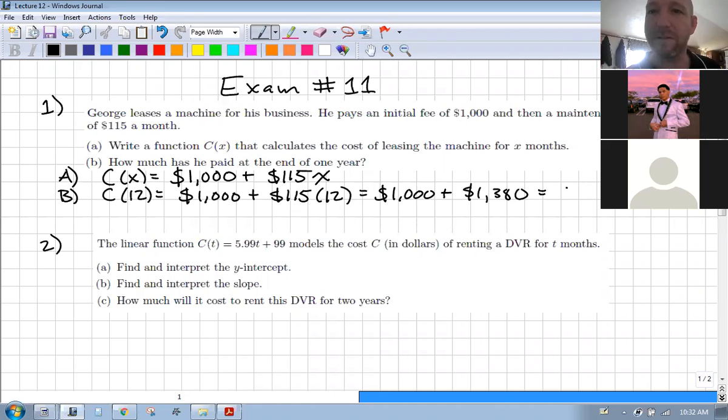So that gives us $2,380. All right, does that make sense? Yes, it does. Okay. I think one of the mistakes people probably make is putting a 1 right here since it's 1 year instead of a 12. Remember that it's in months.